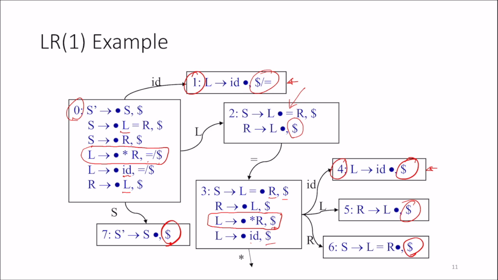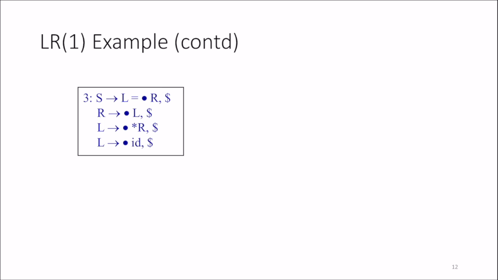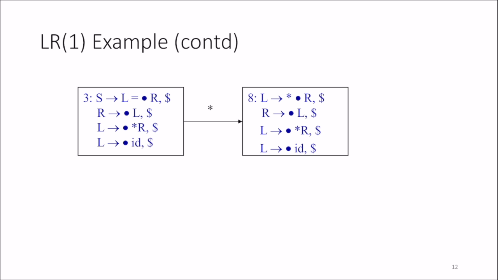Now let's look at the dot being moved across the star here, and you're going to move to the next slide. So this is the same state 3. I'm going to have a successor function on the star. The dot before the R means I predict the R rule, which then predicts the L rule.